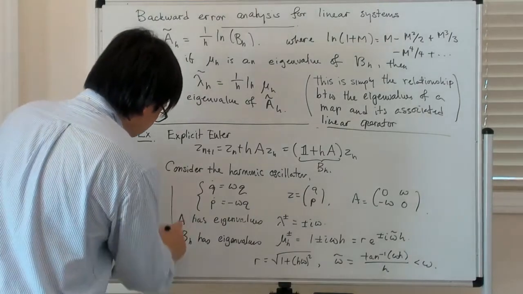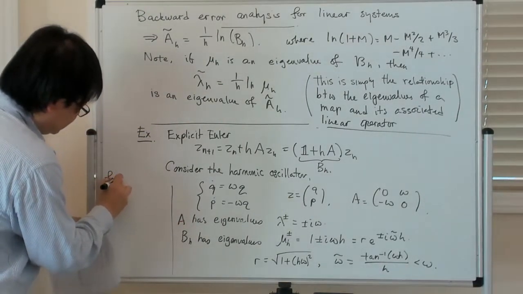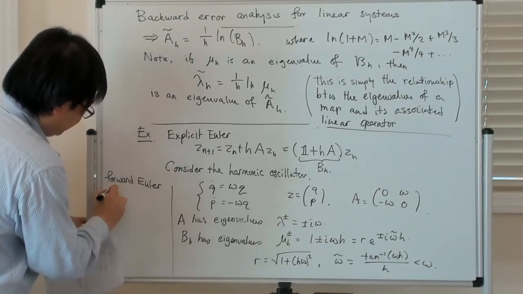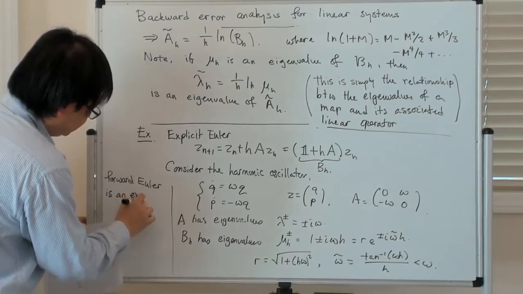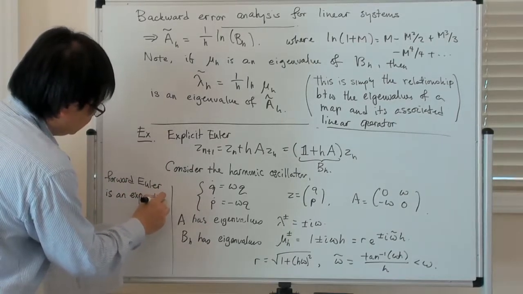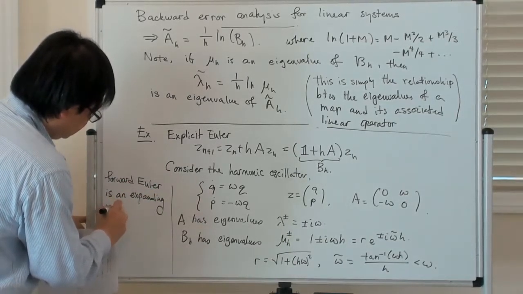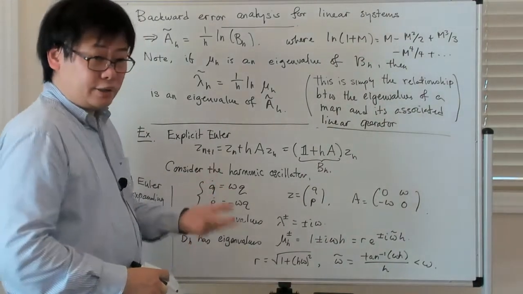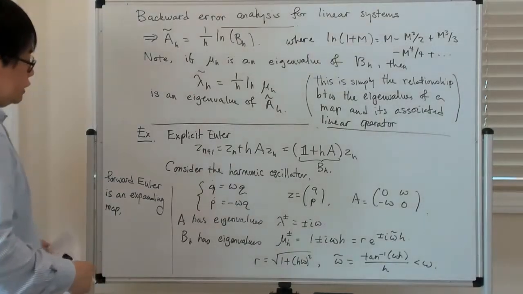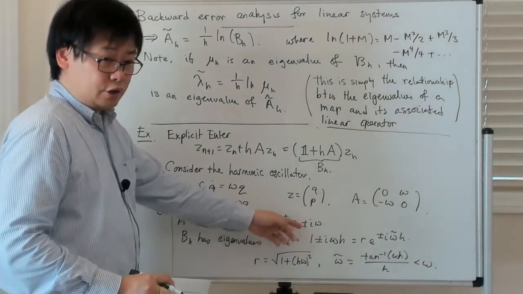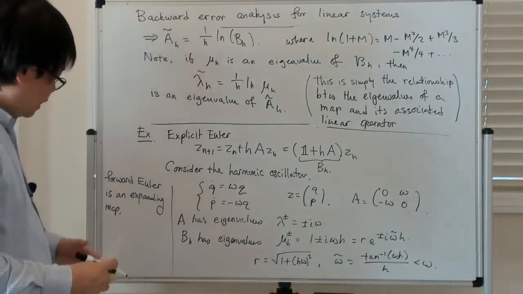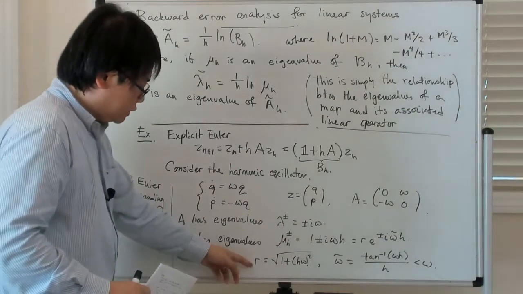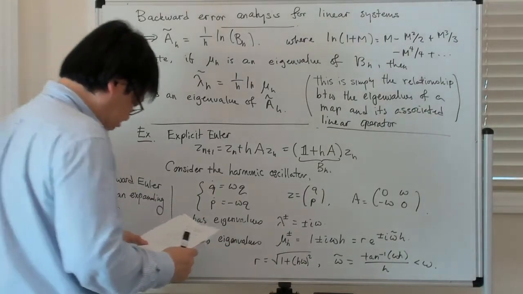So basically the conclusion is that forward Euler is an expanding map, whereas the exact flow of the harmonic oscillator is not expanding. Its eigenvalues are purely imaginary, so it's neither growing nor decaying. But with the forward Euler method, it has this sort of growth factor, which I should say is greater than 1.